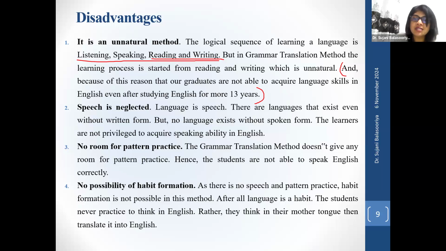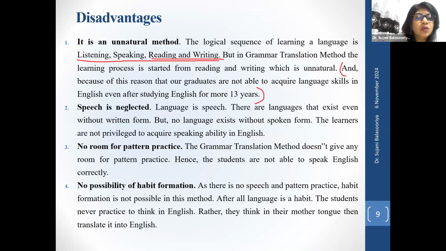Even in linguistics, that's so, right? Linguistics means the study of natural languages in the spoken aspect. Likewise, in the teaching and learning field also, the speaking aspect should be given prominence, right? But here, that is not there. The speaking aspect is not given any chance, right? So that idea is given here.